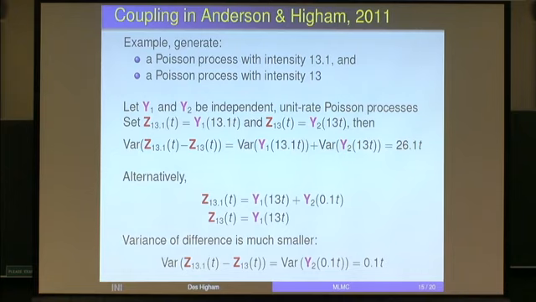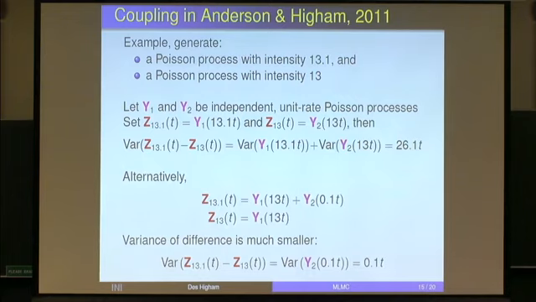To motivate what we did, here's a little example. We're trying to get pairs of paths with different refinement levels which are closely coupled together. So here's a simpler version of that question. Suppose you want a pair of Poisson processes with particular intensities, say 13.1 and 13. How would you generate those to make them tightly coupled? Well, here's what you don't do.